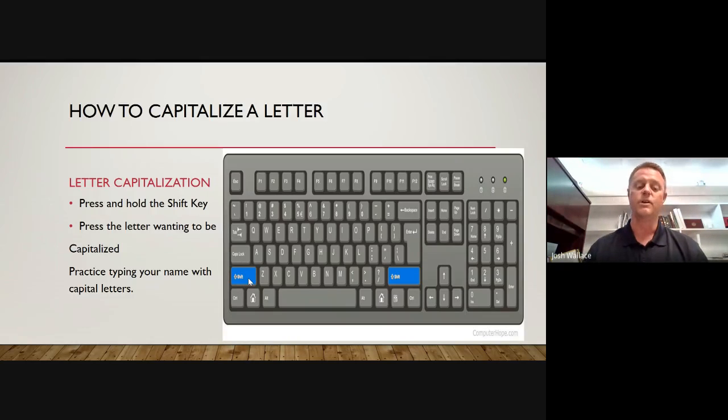To be able to make a letter capitalized, you would hold the shift key and type the letter. Just for example, my first name is Josh. If I wanted to capitalize Josh, which I should, because it is a proper noun, in typing, I would hold the shift key and mash the letter J. That would give me a capital J. Then I could go on and type OSH.